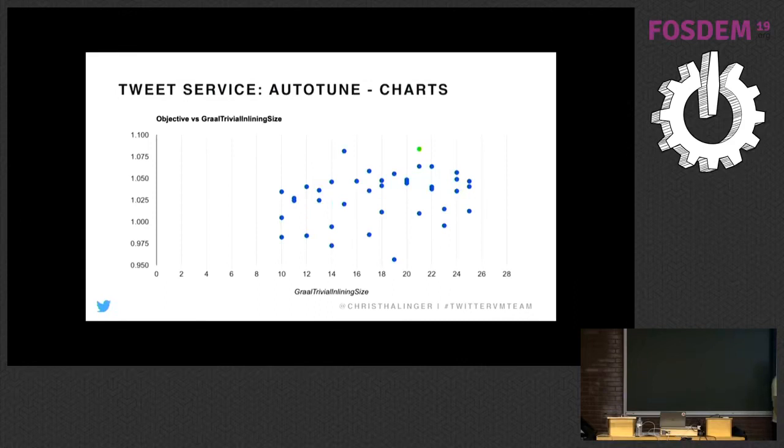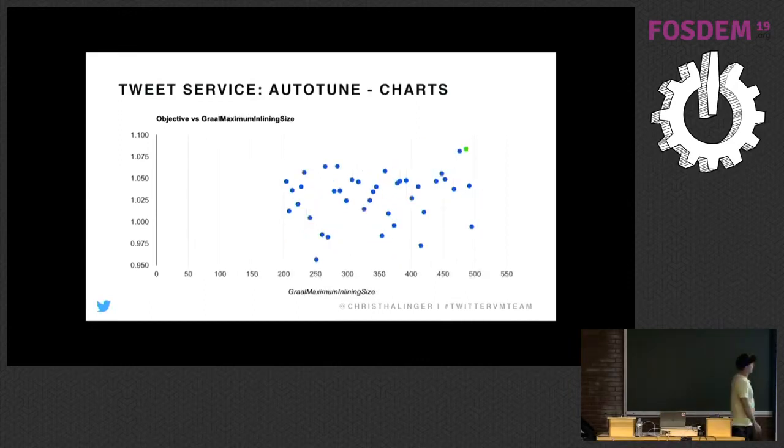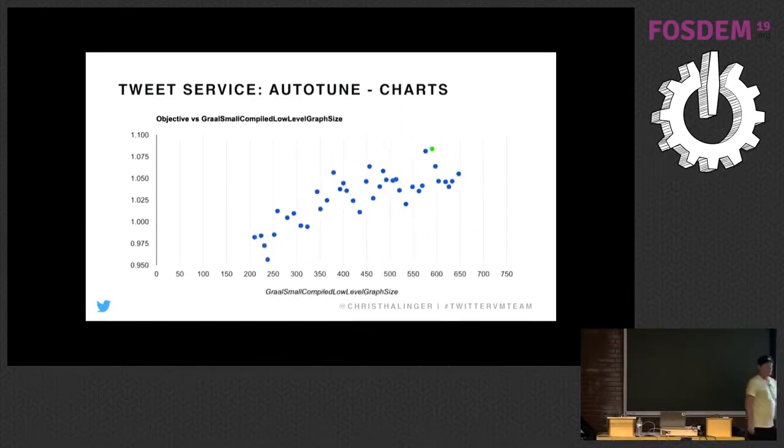If you increase trivial inlining size, you get a little faster if you do more. But at some point, it's too much, and it comes back down. And this is maximum inlining size. It's kind of flat. And then this one, you don't really have to squint to see what's going on. That one's by default 300, so we would be in that area, and we can improve it by that much if we increase that value.